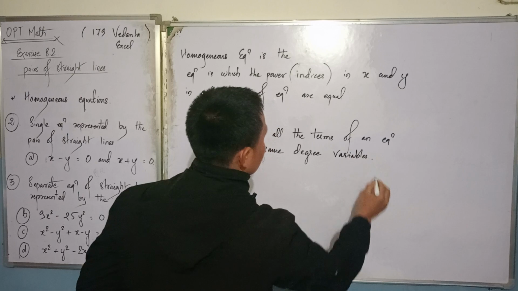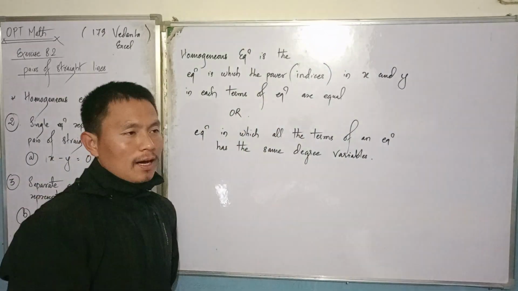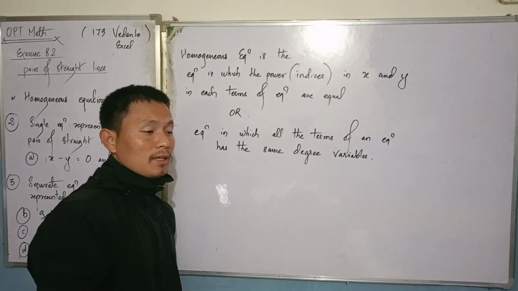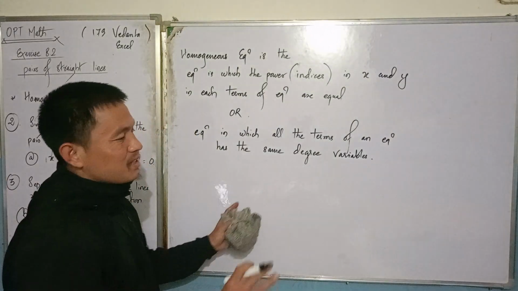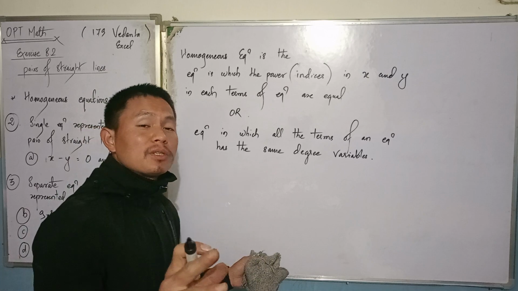The degree must be the same, either with a single variable or in combination of double, triple, or whatever it may be. But the power in the variables of the same equation must be the same.